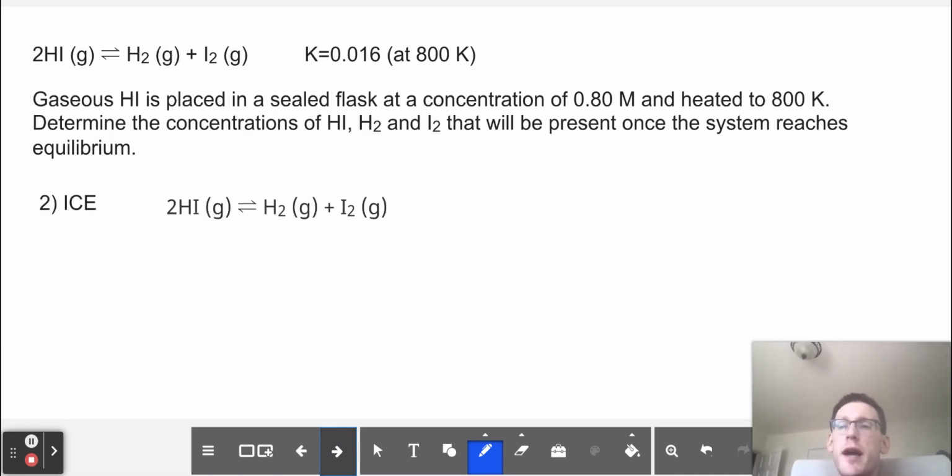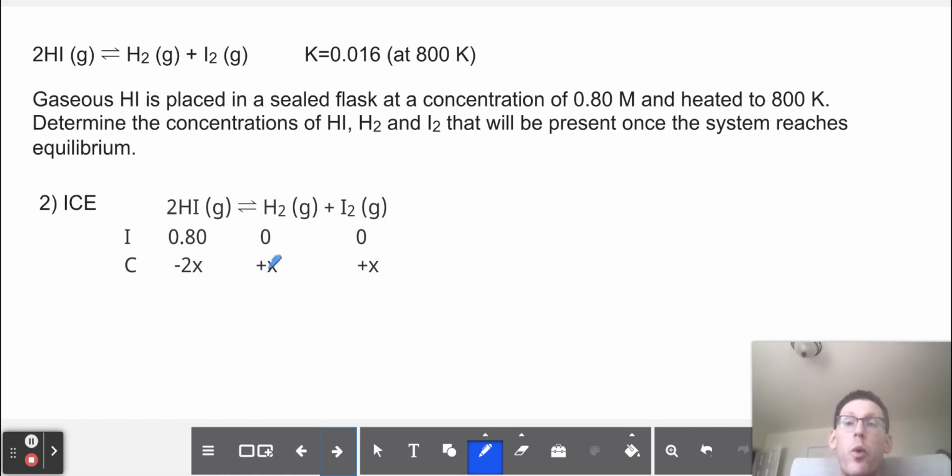Next, we're going to use an ICE table, and our initial concentration of HI is 0.80 molar. Our initial concentration of H2 and I2 is nothing for both. And the system will change, decreasing the reactants and increasing the products, so we lose some amount on the left and gain on the right.